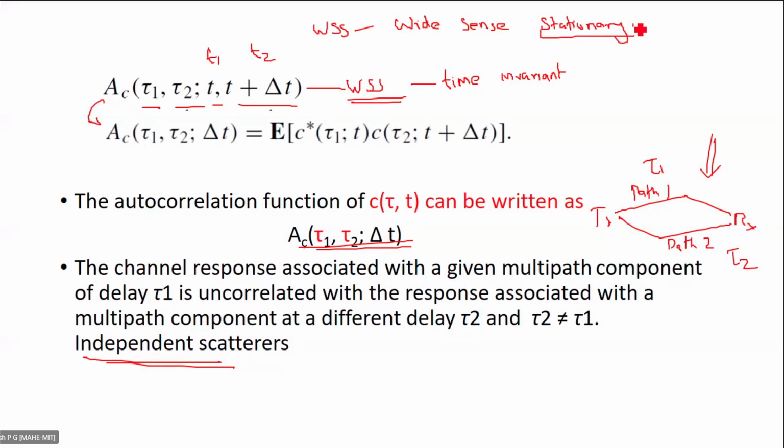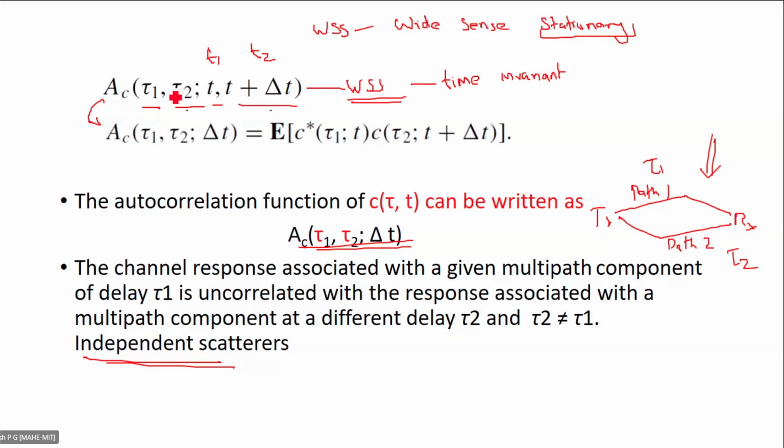It is not varying with respect to t. The parameter to be analyzed here is tau. So we are neglecting the t parameter and we are considering only tau and delta t, that is the delay between these components.